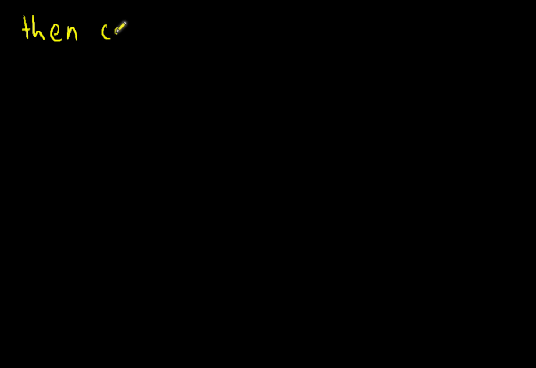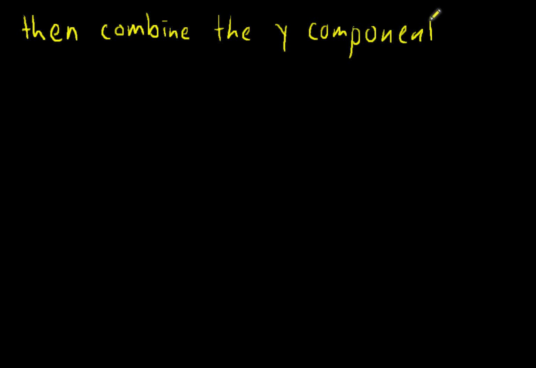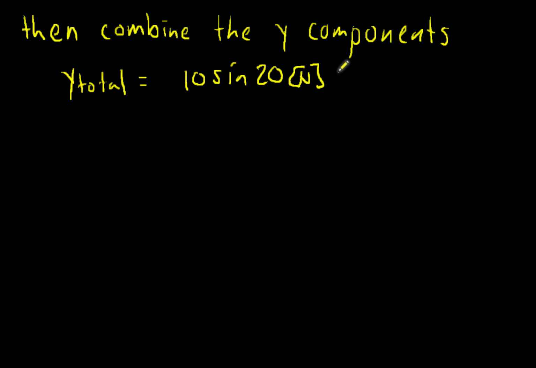We're going to do the same with the y components. Combine the y components to find a total y. Y total is 10 sine 20 to the north, plus 15 cos 30, also to the north. The signs for both of these components are positive because north is a positive direction.